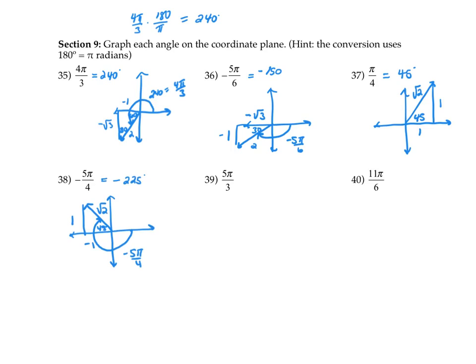Okay, 5 pi over 3, that's a multiple of 60, like we saw in number 35. It is 300 degrees, so that's going to start again at that positive x-axis, going all the way around to quadrant 4. So reference angle would be 60, because we only need 60 more degrees to make it 360. So we are going to have 1, negative square root of 3, and 2 for the sides in that special right triangle. Last one, 11 pi over 6.